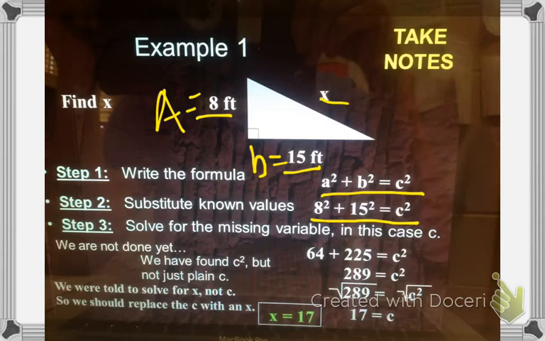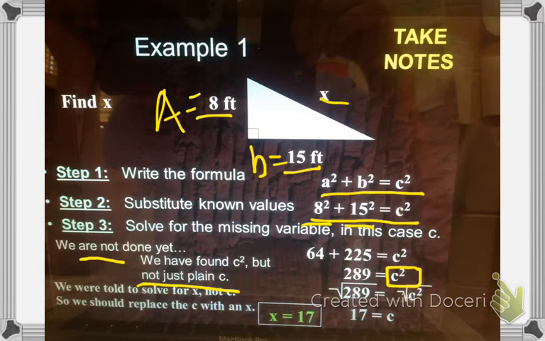It's a two-step equation. I have to do the 8 squared and 15 squared. We are not done yet, because we still have to solve. We found that c squared equals 289. Not just plain c. See how it has that little square there?